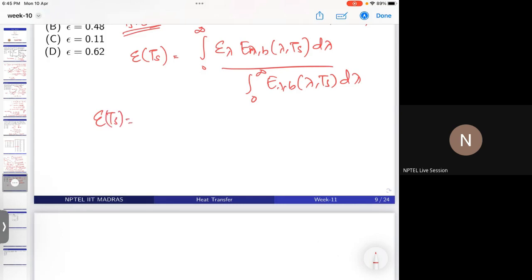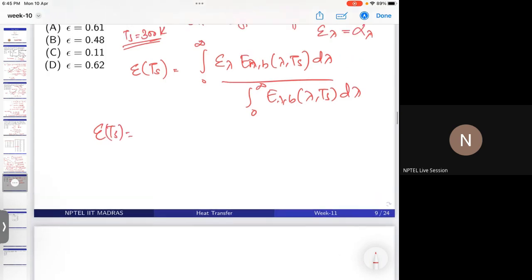As it is the same, we will get the same profile, 0.8.